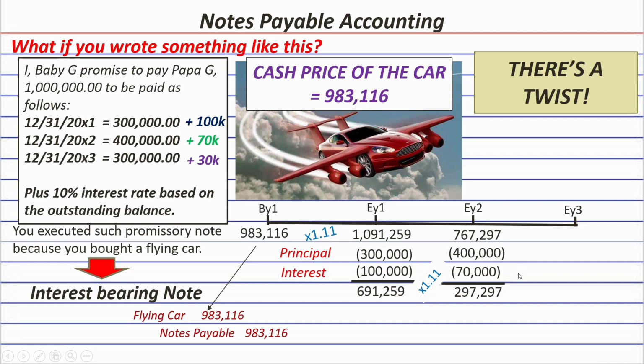And then for the last time, times 1.11 again equals 330,000, and minus the last principal of 300,000 and the last interest payment of 30,000, and we will have 0. So that's the completed timeline, which features the different valuation of your liability at different dates until it's fully paid.